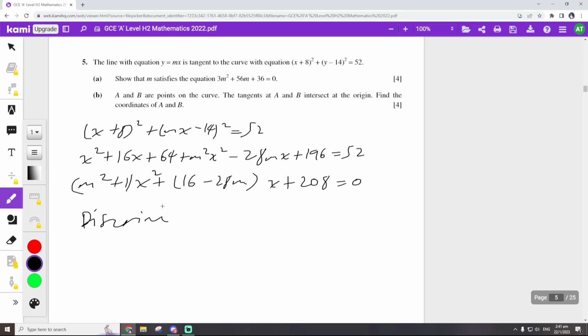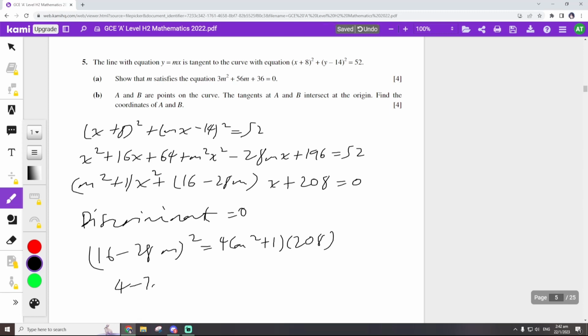So let discriminant equal to 0. This means (16 minus 28m) squared is equal to 4 times (m squared plus 1) times 208. Okay, this means 4 minus 7m squared, so I can actually take out a 16 here. It gets to 52 (m squared plus 1).